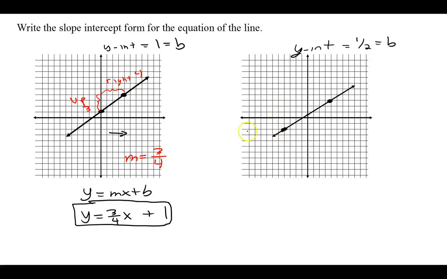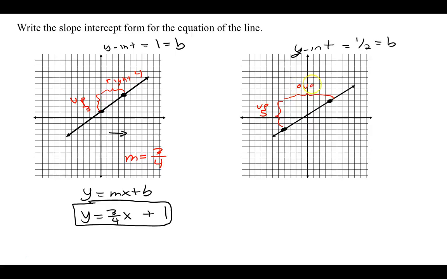And so the rise over run there is going to be that we go up 5 and we go over, is that 8? 4 and 4?